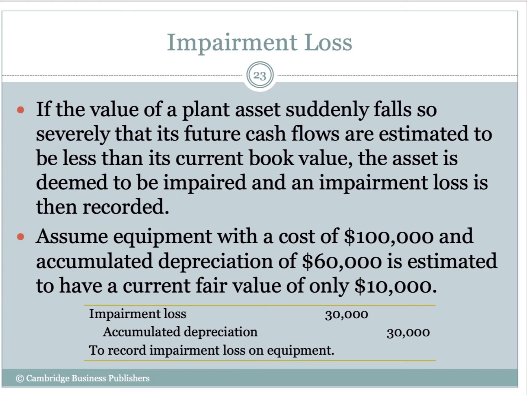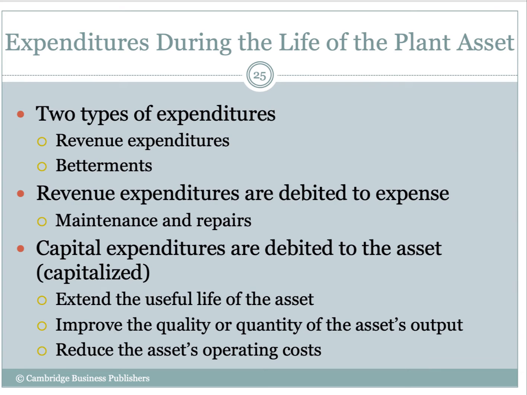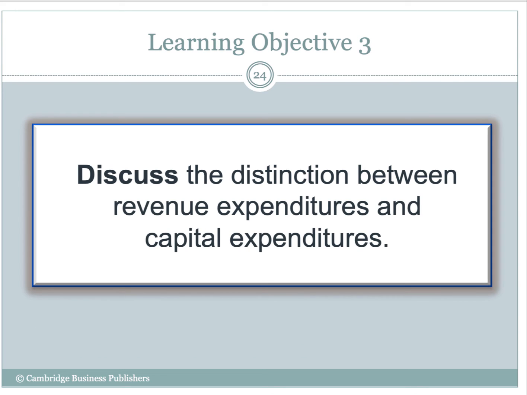Those future cash flows are less than what we have it on our books for, so we do an adjusting entry for impairment loss, and we basically mark it to its current fair value, meaning that asset's current fair value. So when we come back, we'll talk about the difference between revenue expenditures and capital expenditures.